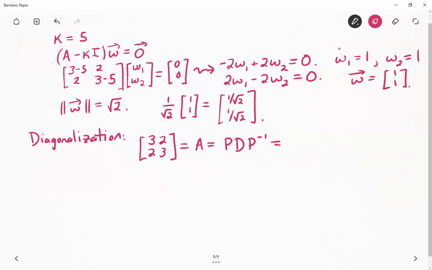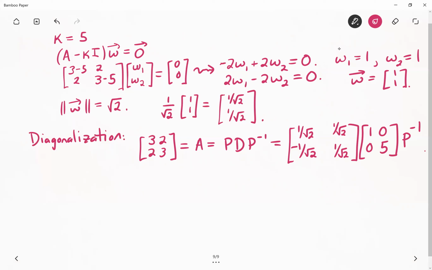We know what P is going to be. P is the eigenvector matrix. So that'll be first V, 1 over rad 2, negative 1 over rad 2, 1 over rad 2, 1 over rad 2, times the diagonal matrix, which has the eigenvalues in the same order, times P inverse. And what we'll notice here is it turns out that this is in fact a rotation matrix.